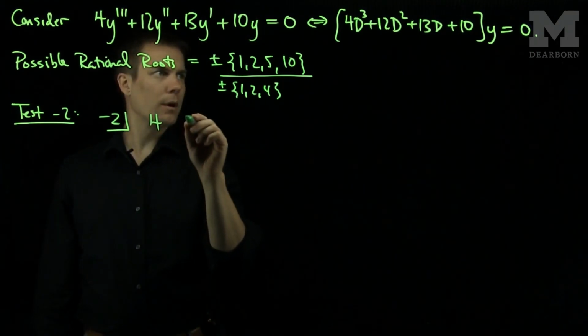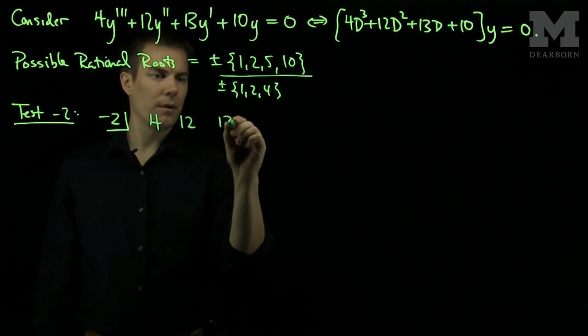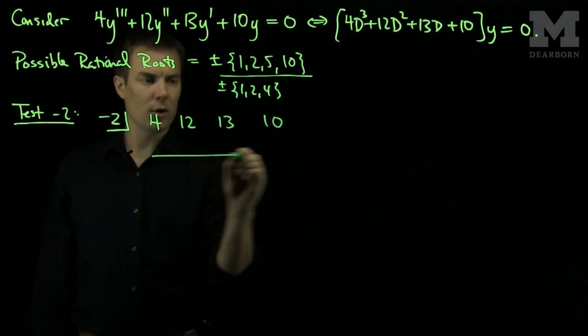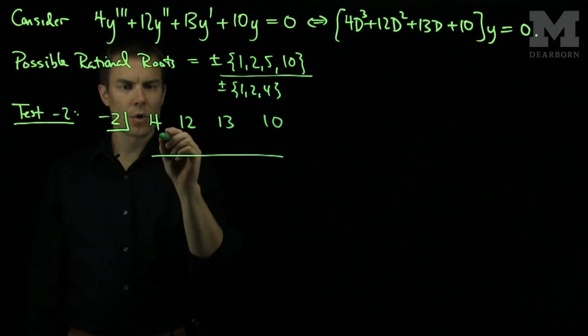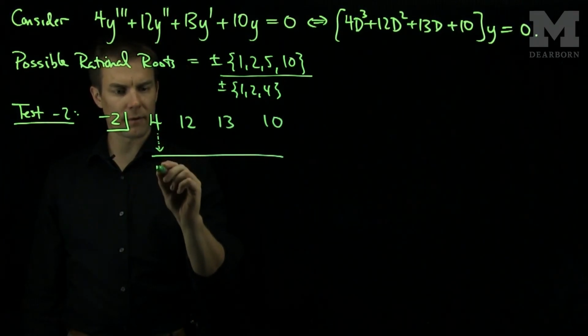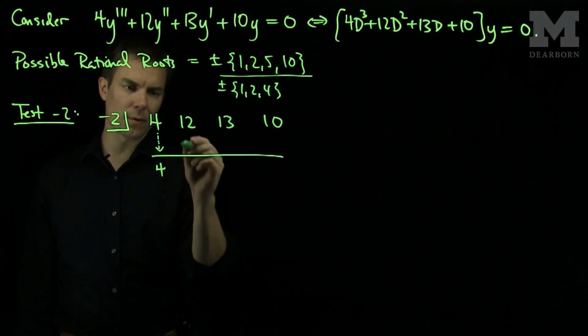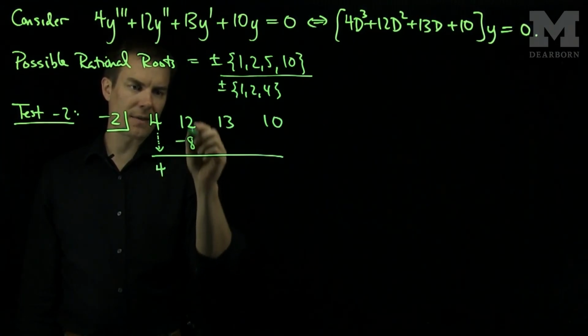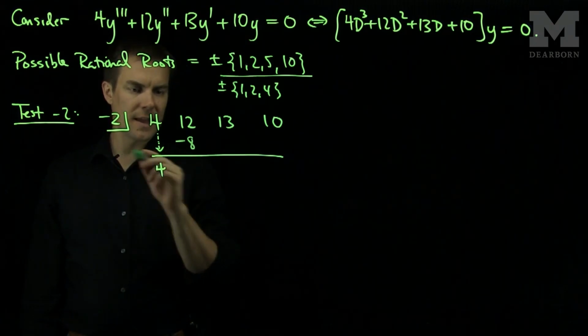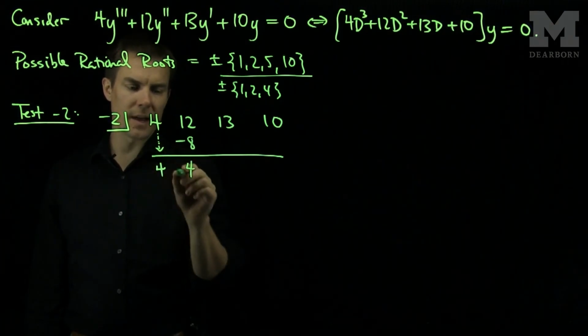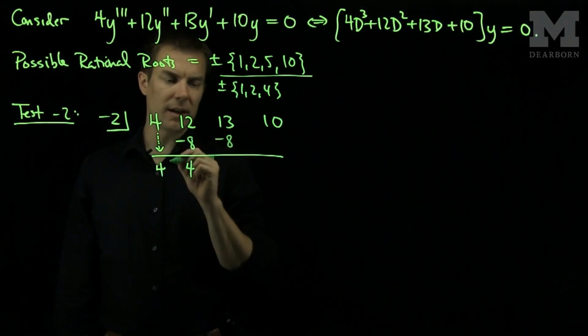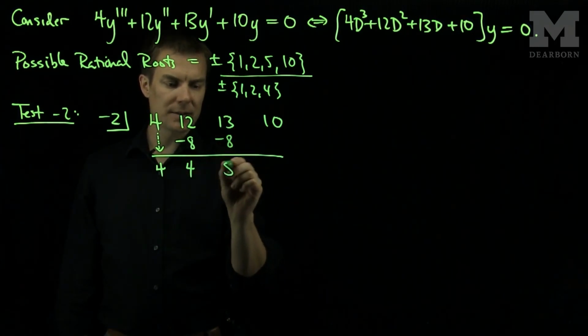Then we'll have 4, 12, 13, 10, the coefficients of the polynomial we start with. We always bring the first number down, so bring 4 down. Multiply and then put in the next slot. -2 times 4 is -8. Then we add these numbers together. 12 and -8 is 4. -2 and 4 is -8. 13 and -8 is 5.